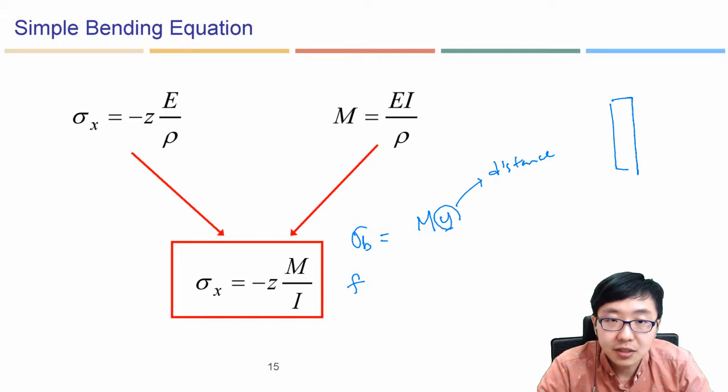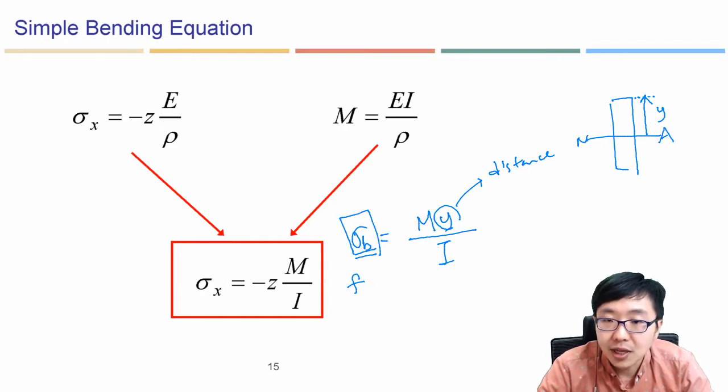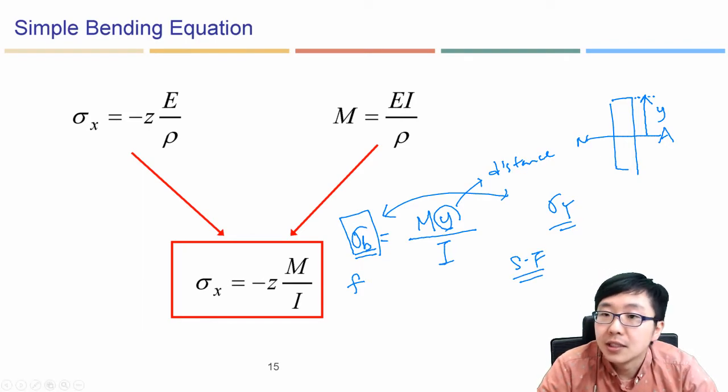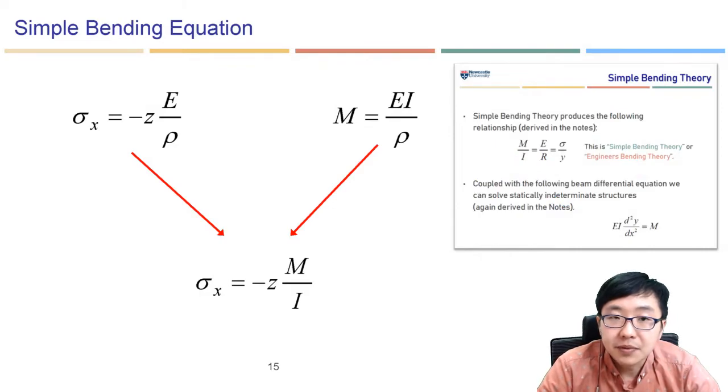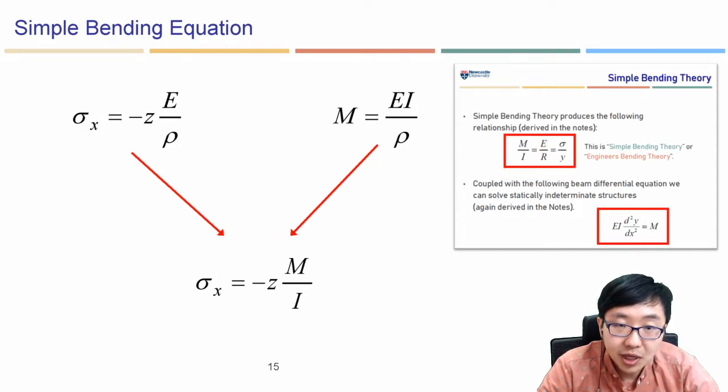Distance means this is the section, this is the neutral axis. From the neutral axis, we can calculate the distance y, over the moment of inertia I. This is the bending stress. After that, we will compare those values with the material yield so that we can get a safety factor. So we learned this before in simple beam theory, and basically what we need is the final result, and this should be highlighted as well.